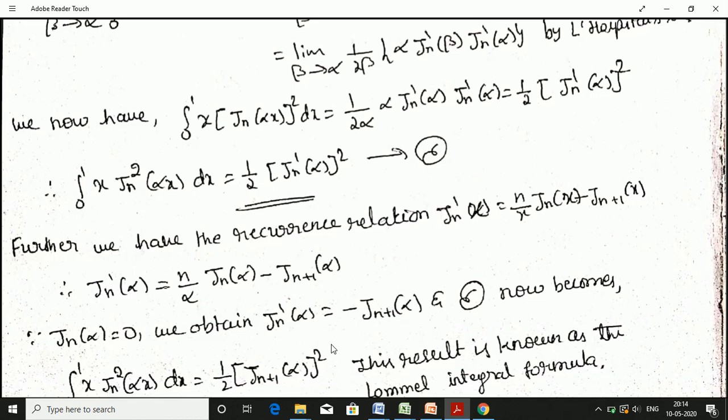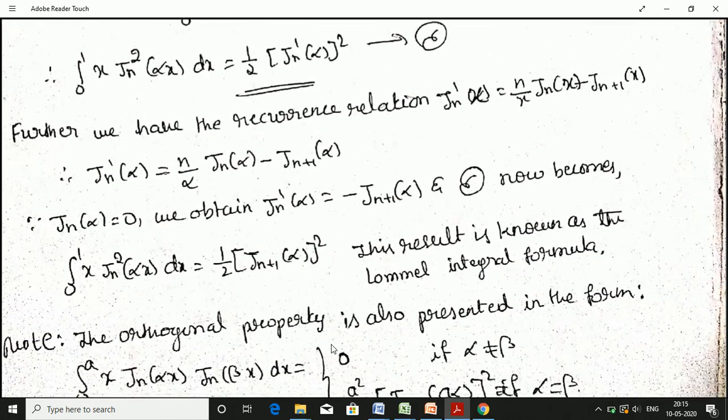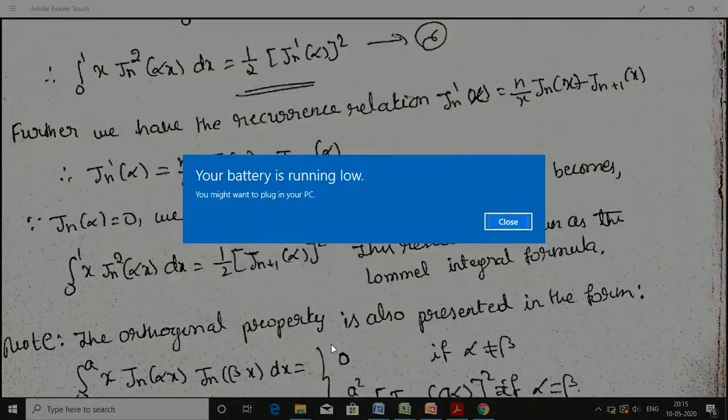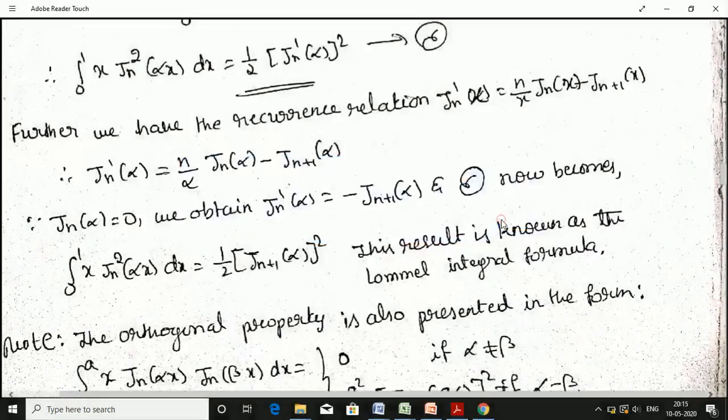And equation 6 now takes the form: the integral from 0 to 1 of x·Jn²(αx) dx is equal to half of Jn+1(α) whole squared. This result is known as the Lommel integral formula.